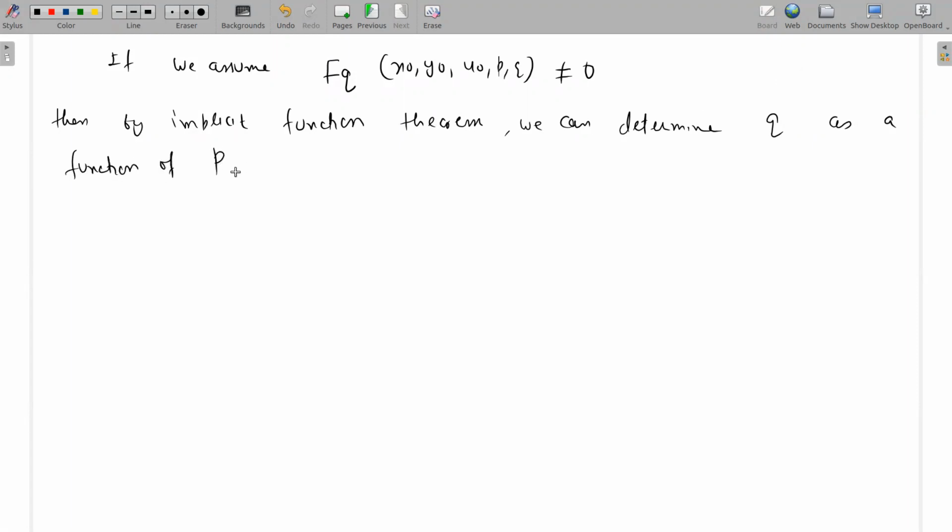So we have F(x0, y0, u0, p, q) where q is a function of p. And we have already solved these problems in quasi-linear cases.